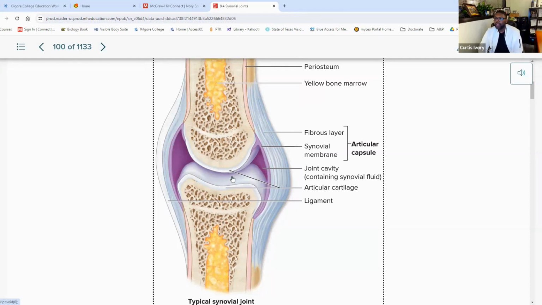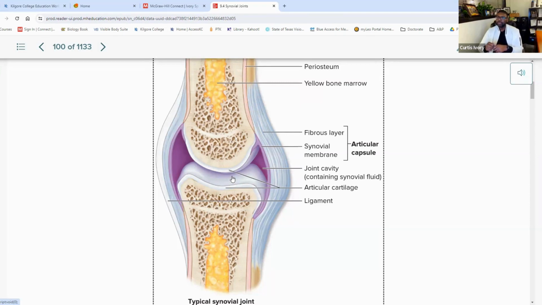The reason why we have fluid in between joints is for compression and also for the reducing of friction. The synovial fluid actually is kind of a greasy type of fluid. It's not like water, but more like an oil base, though predominantly it is made up of water components.